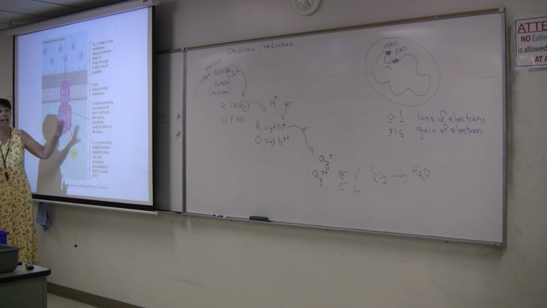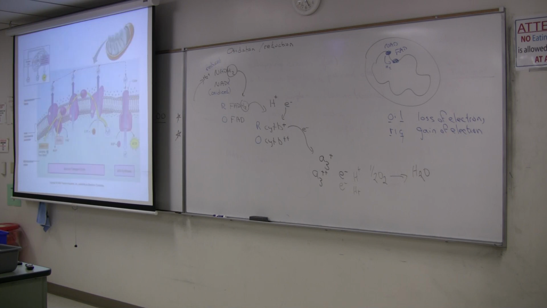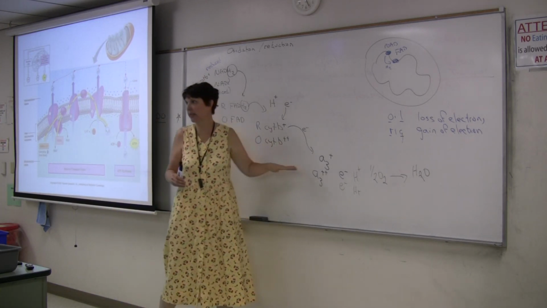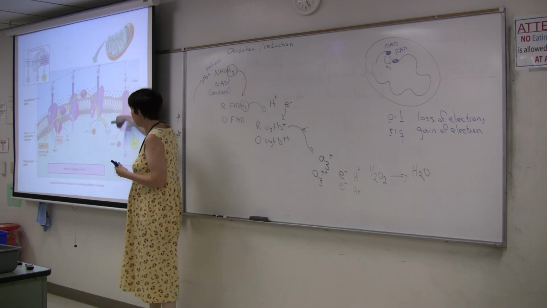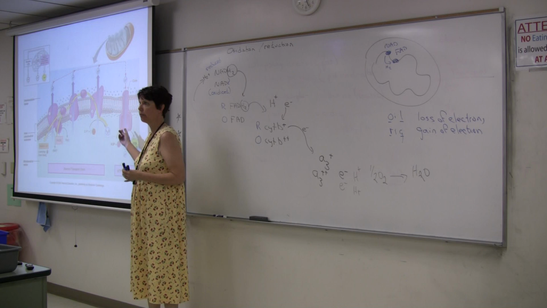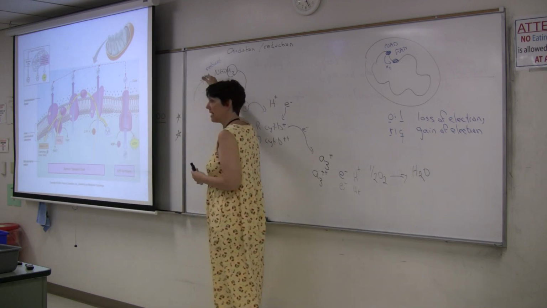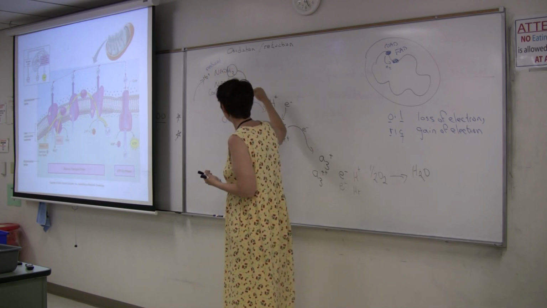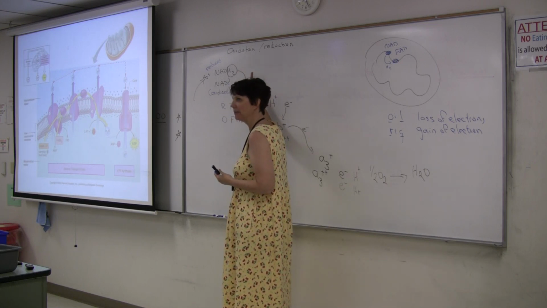If we start at the NADH2, there's enough difference in energy between this level and this level to pump sufficient numbers of hydrogen ions into the outer matrix that when they come spinning through, there's enough energy to make 3 ATP molecules. You don't have to memorize these numbers, but just talk about the amount of energy that's there. The difference in energy between here and here is enough to make 1 ATP molecule.